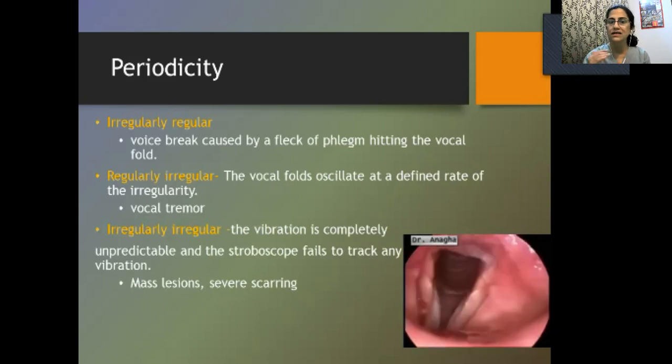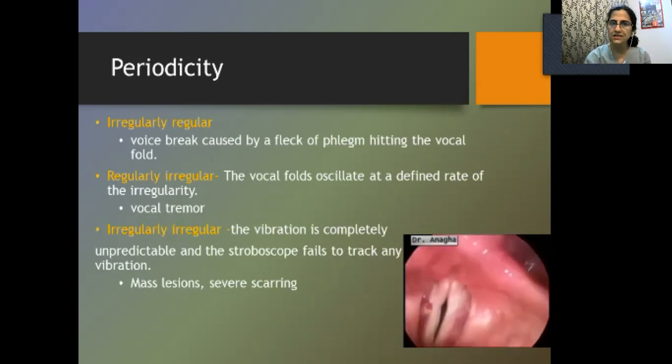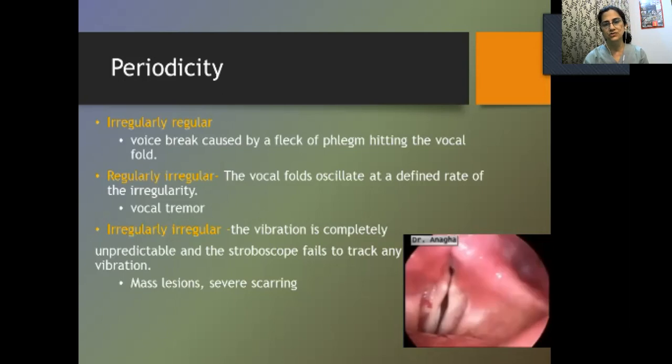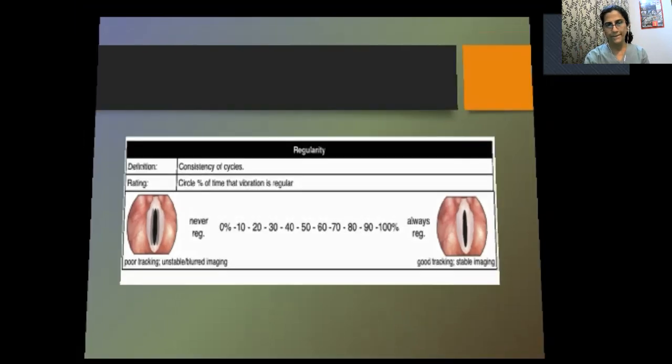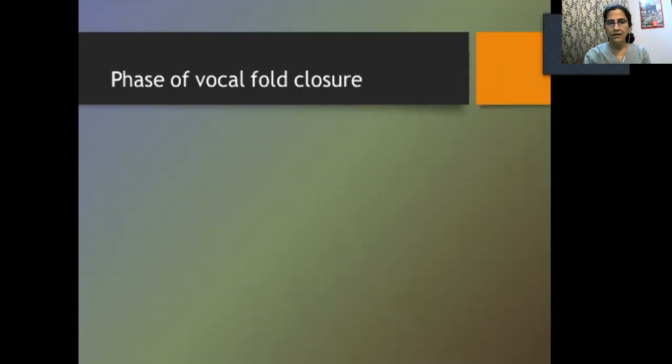Or irregularly irregular, so the vibration is completely unpredictable and the stroboscope fails to track any vibration. This occurs in severe scarring or deep sulcus formation. You can track the regularity from 0% when it is never regular, to 100% when it is always regular.